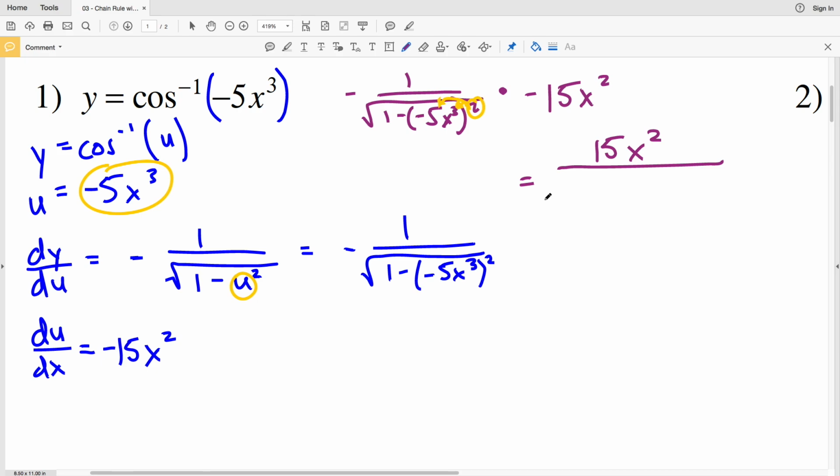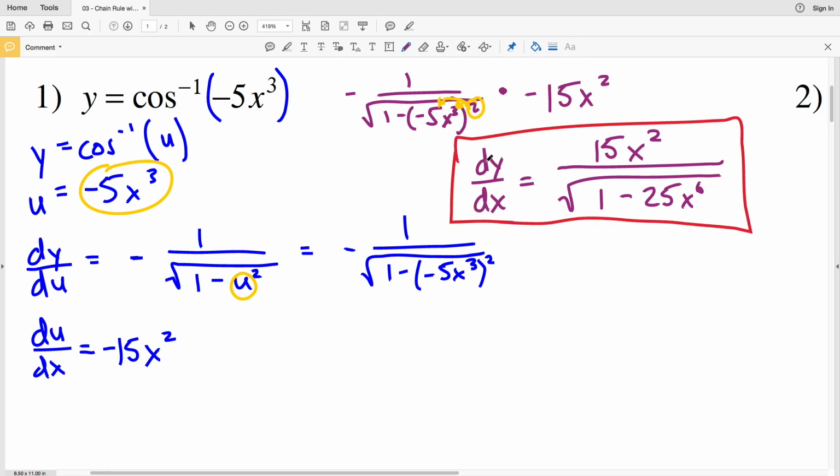So that 15x squared is all over the square root of 1 minus negative 5 squared is going to be a positive 25, so that's minus 25, and then x cubed squared, that's x to the 3 times 2, which is x to the 6th. So our derivative of y with respect to x in number 1 is 15x squared all over the square root of 1 minus 25x to the 6th.